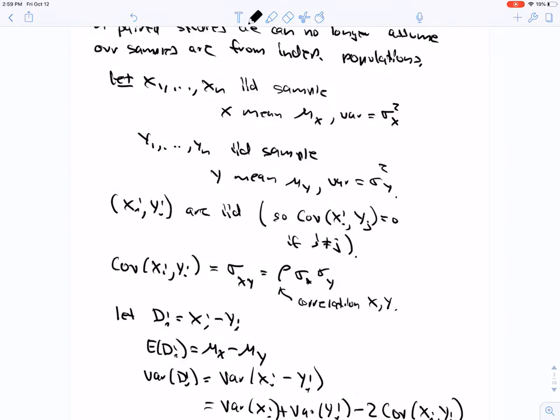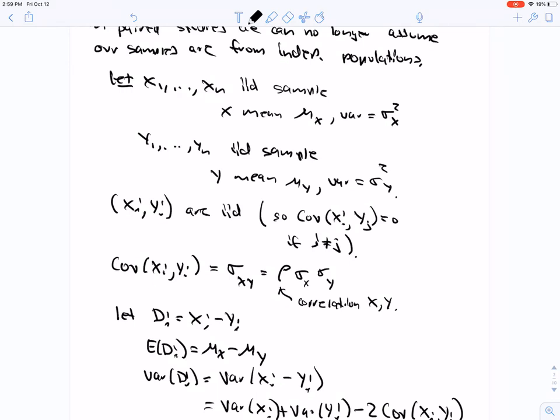And the covariance of Xi, Yi, this is what I'll call sigma xy, and that's the correlation coefficient of x and y times the standard deviation of x times the standard deviation of y. Di, let's let that be the difference of Xi and Yi.